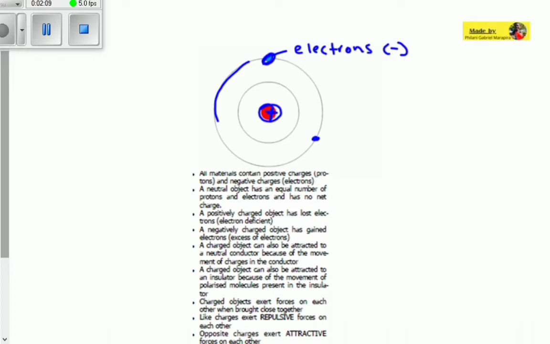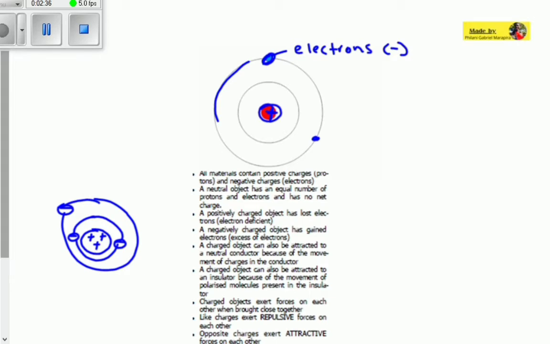Let's make an example of a neutral object, having here 1, 2, 3, let's say 3 protons, and then it has 1, 2, 3 electrons as well. So this is considered to be neutral since it has an equal number of protons and electrons.